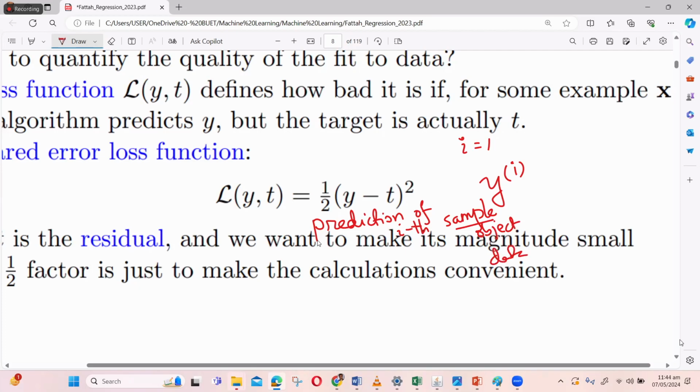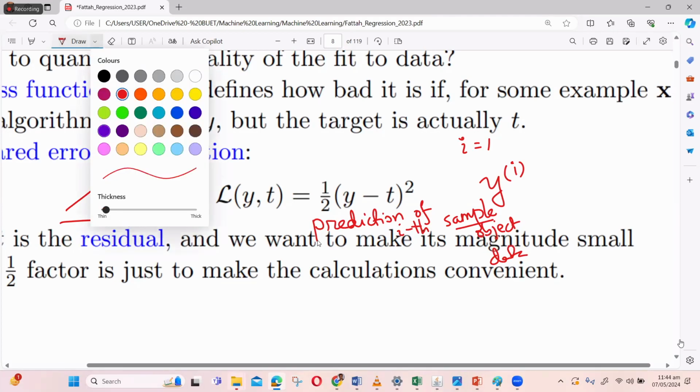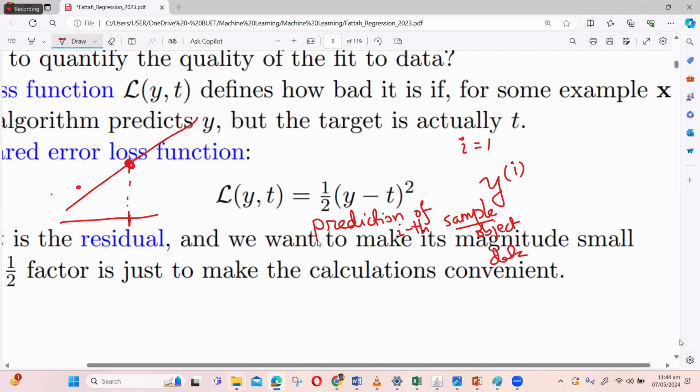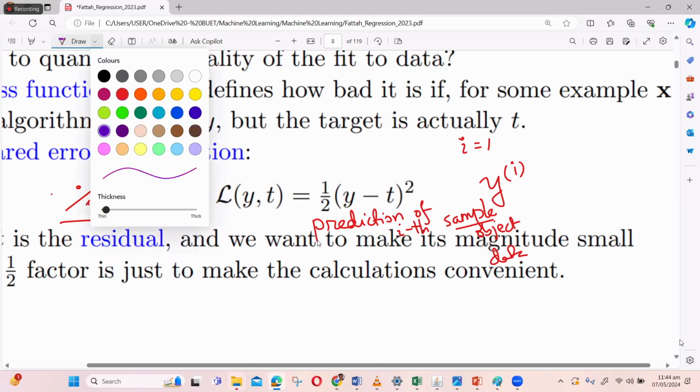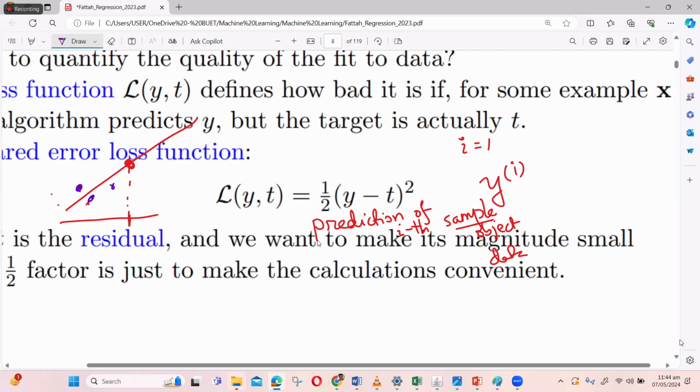Whatever you call it. As I said, the prediction comes from the line, so here you go, and this is your prediction. But originally there were a lot of data, different data here and here. You are predicting this, and our original data is here. So this is called error.